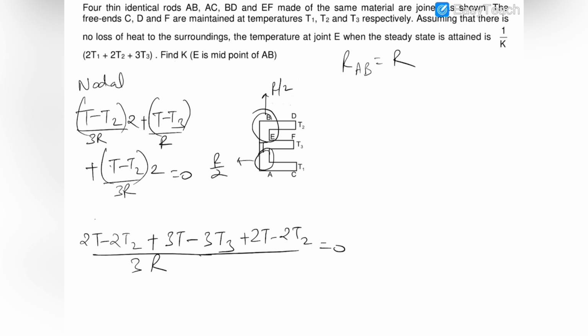So this is 7T, and this is equal to 2T2 plus 3T3 plus 2T2.